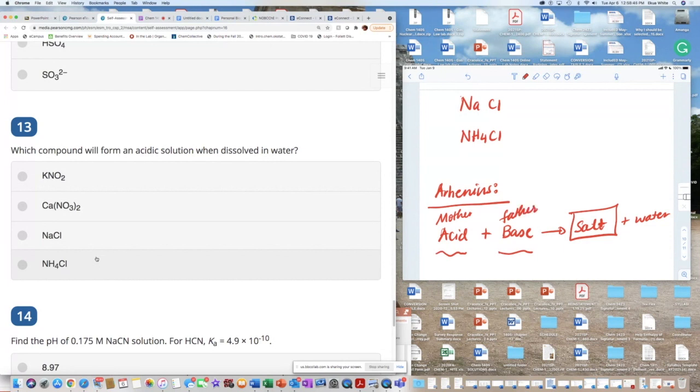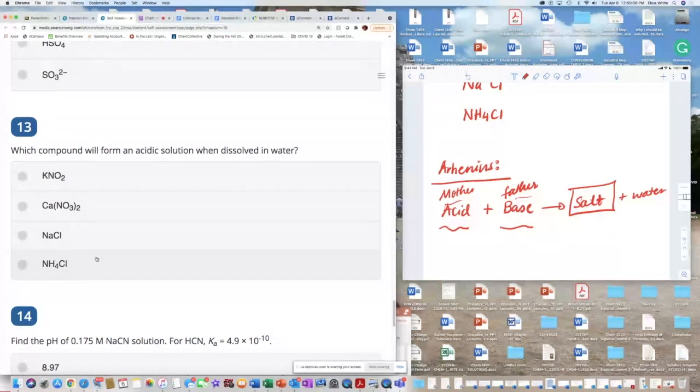My teachers never knew this, okay? We had to memorize that acids turn litmus paper pink and bases turn litmus paper blue. Pink is associated in society with females, blue with males, so mother, father, and then the salt, right?